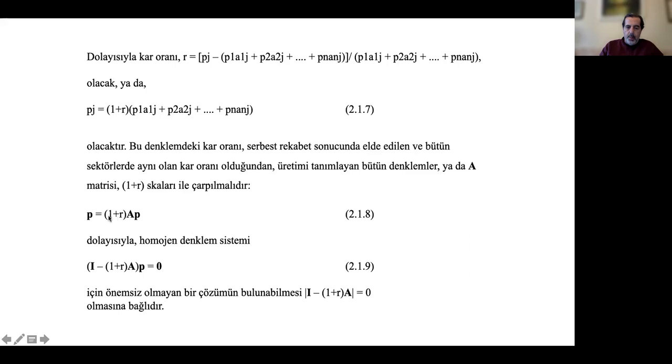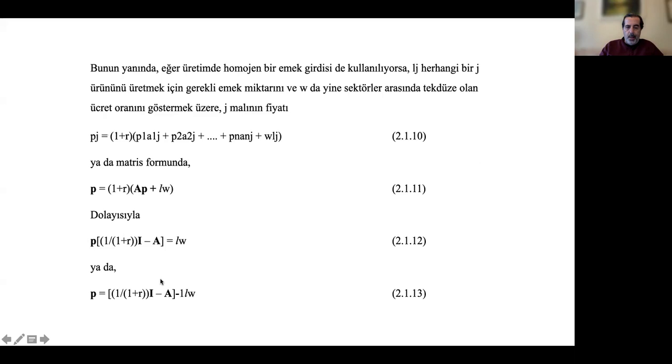Of course, here 1 plus R is not a matrix or a vector, it's a scalar. What I'm saying is this is the same for each equation representing the particular sector of the economy in general. So from this, we can reach this idea.